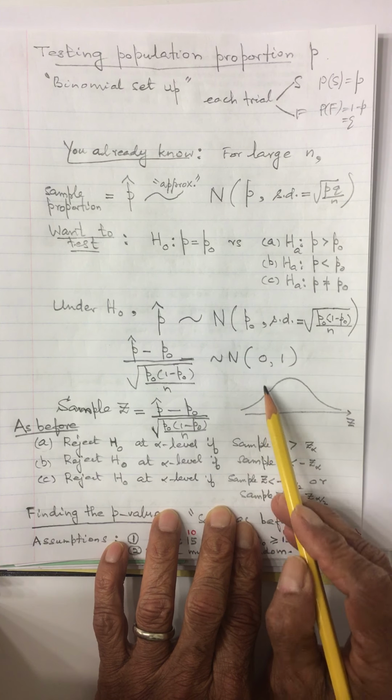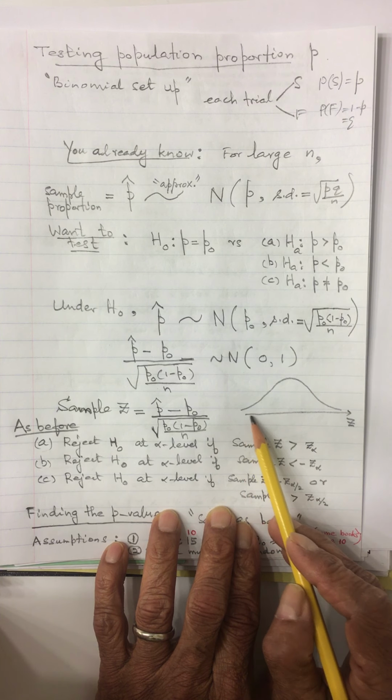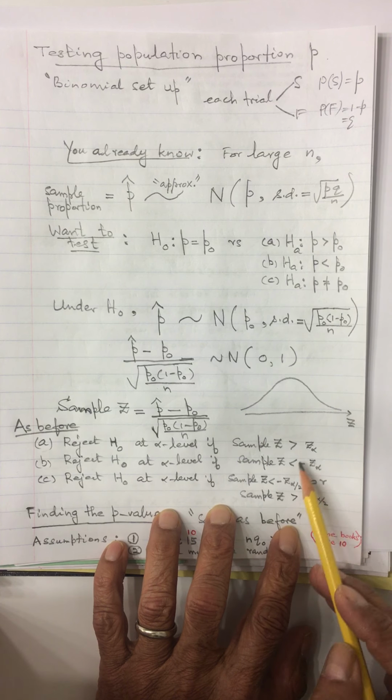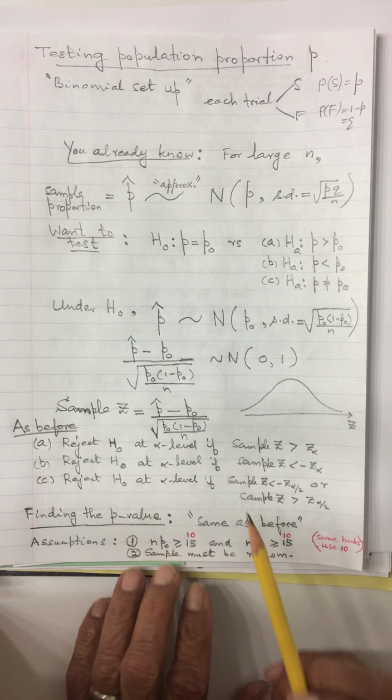For part B, the rejection region is in the lower tail, leaving alpha to the left. This is minus Z alpha, and if the sample Z is below that cutoff, you reject and accept HA.